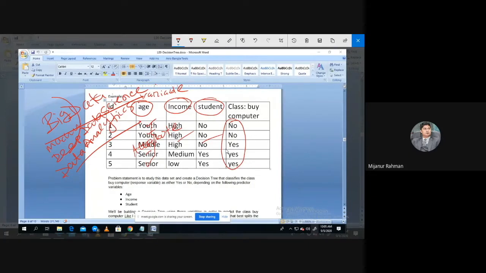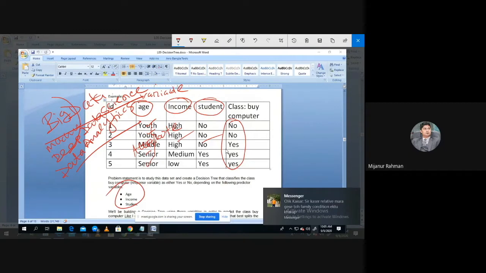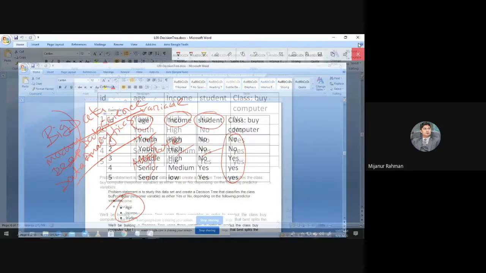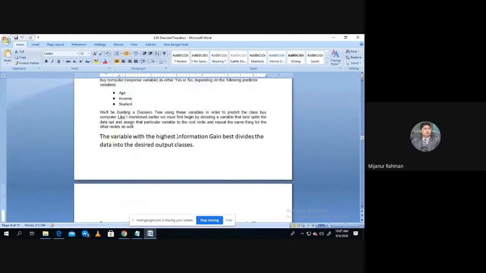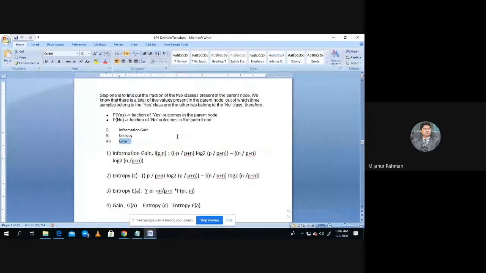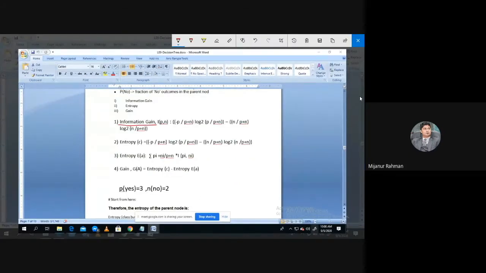Already you can understand we have three variables: age, income, and student. Our purpose is to find out the gain, and gain of what? Gain of each variable. So first think about the information gain, which is basically the overall information gain.